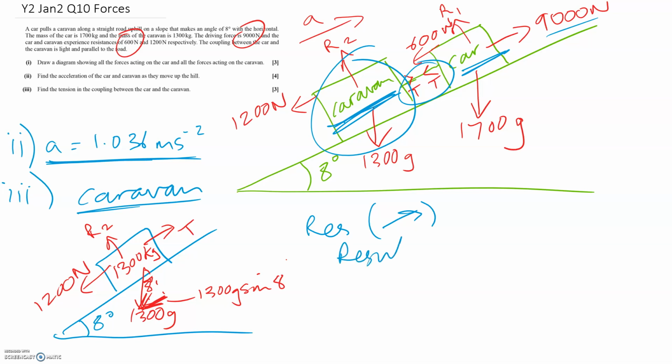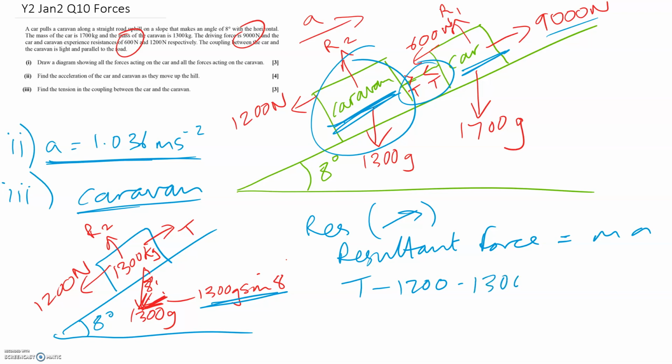So as usual, resultant force equals MA. All the forces going up, well, there's only the tension going up. Going down, you've got the 1,200 newtons going down. You've also got this component of gravity, so that would be 1,300 G sine 8.